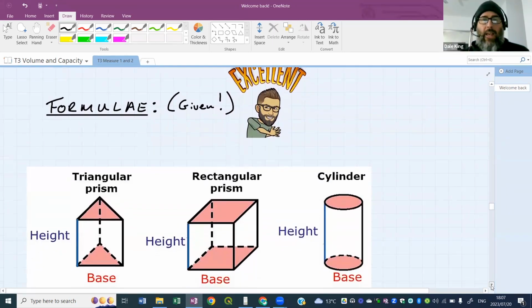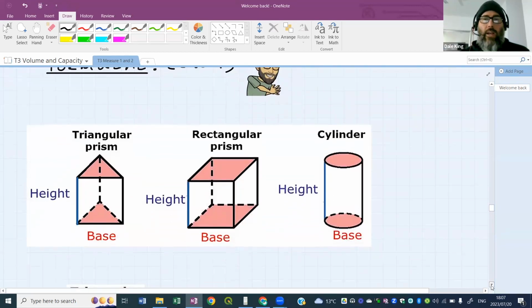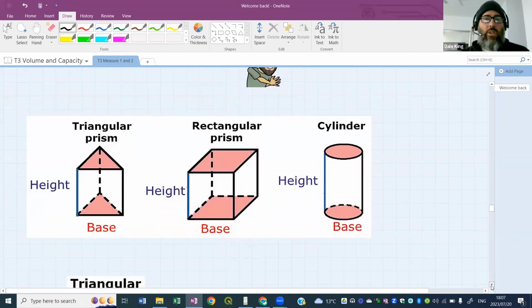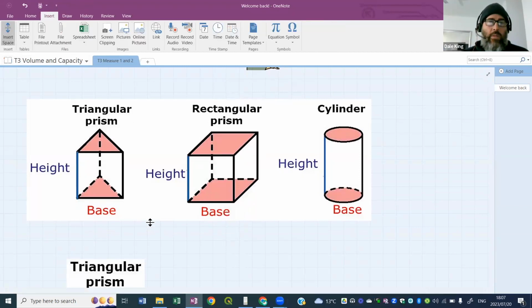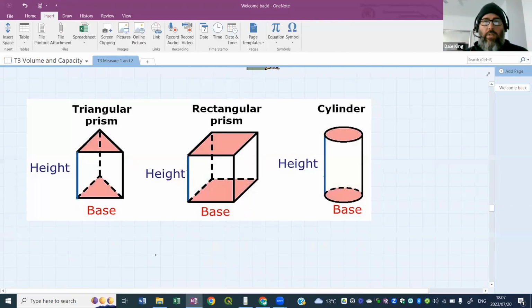And then we're going to look at the 3 basic 3D shapes. These are the 3 shapes that we work with in math literacy: the triangular prism, the rectangular prism, and the cylinder. So we're going to look at the volume of these 3 shapes.